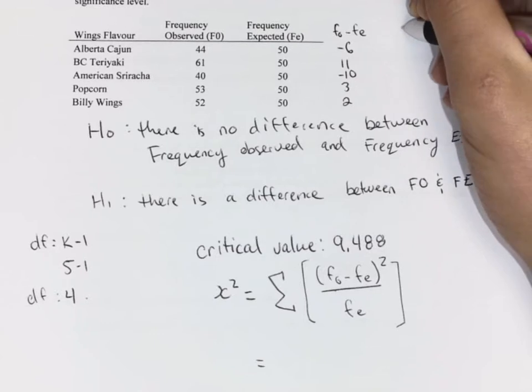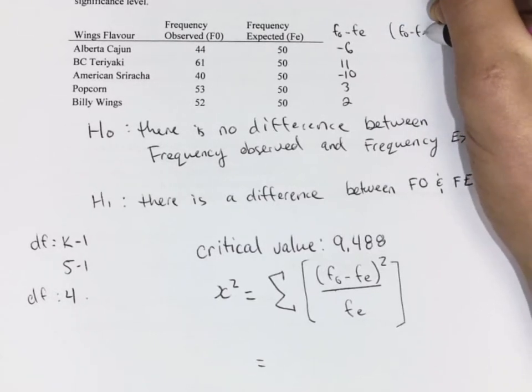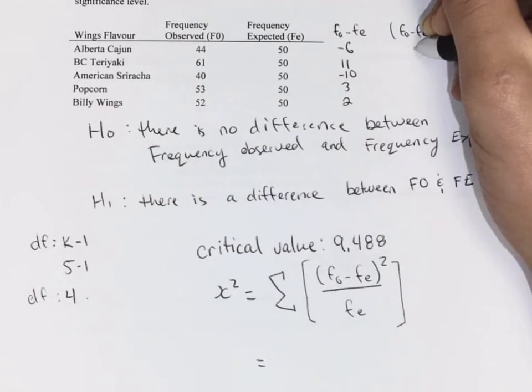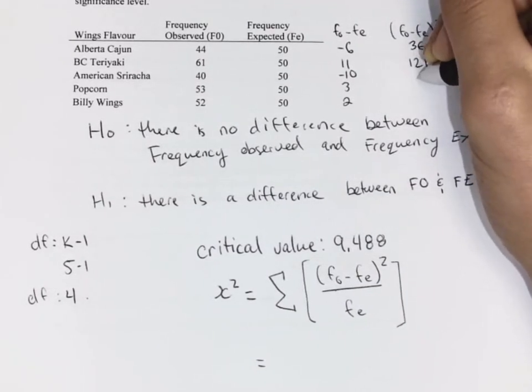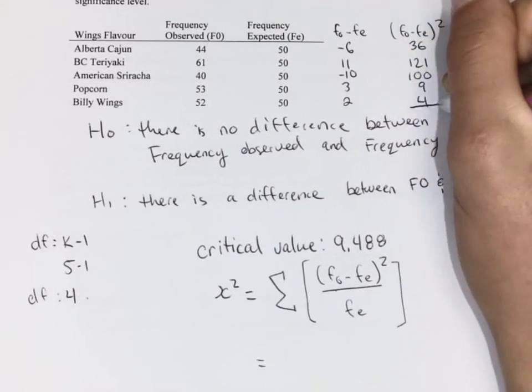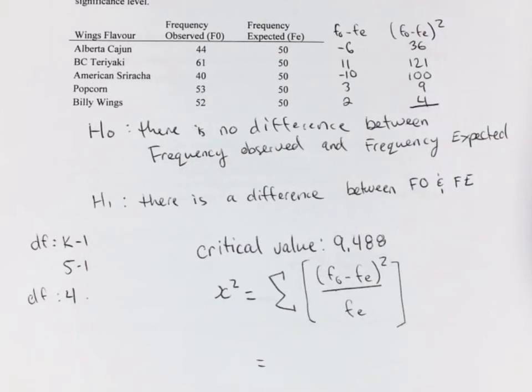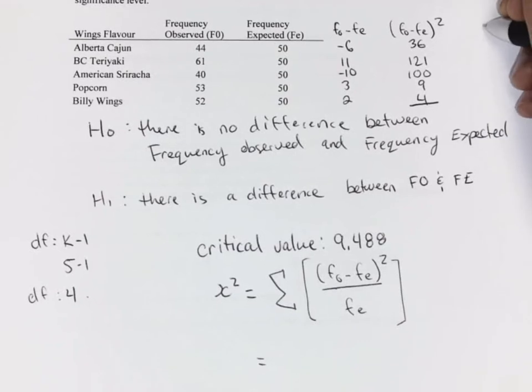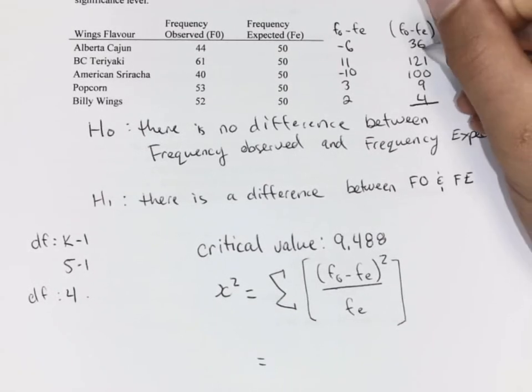And then we will take this number and we will multiply it individually. And then we can take each one and divide it by our frequency expected. So 36 divided by 50.